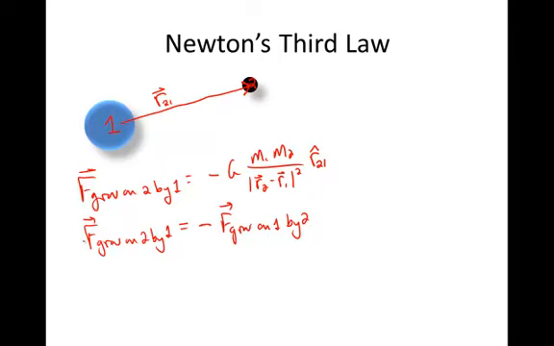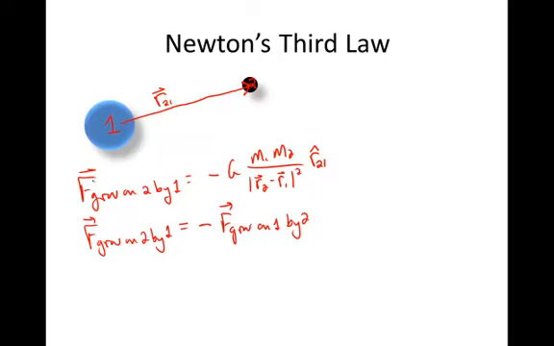The reason some people have difficulty with this is they're looking at these planets saying, well, they're two different sizes. How can this little guy be exerting the same force on this big guy as the big guy exerts back on the little guy? They have different masses. But the key is it's an interaction between the two masses. It's not that this guy acts by itself on the big planet and this guy acts by itself on the little planet. These two things are causing an interaction, and so both masses come into play.